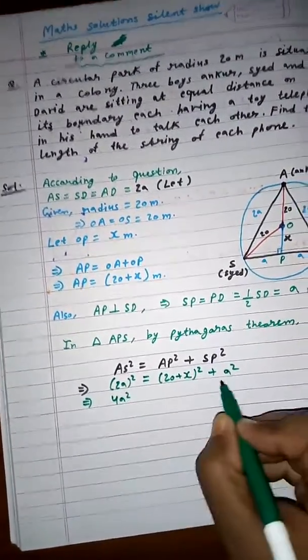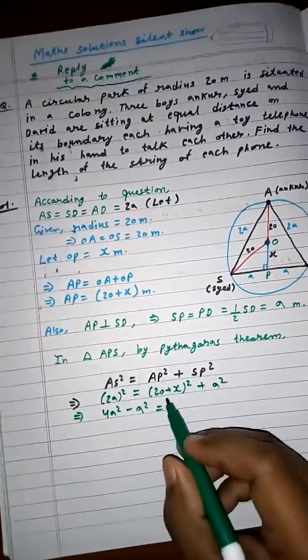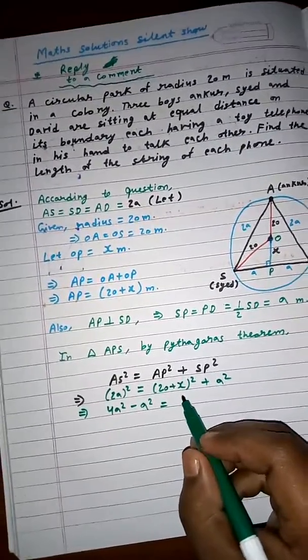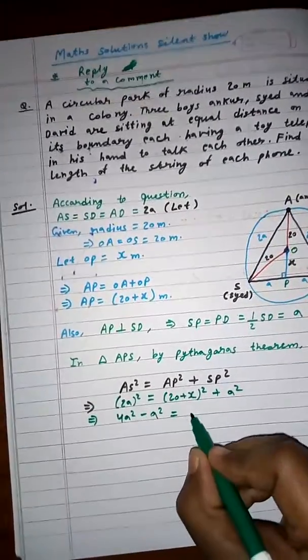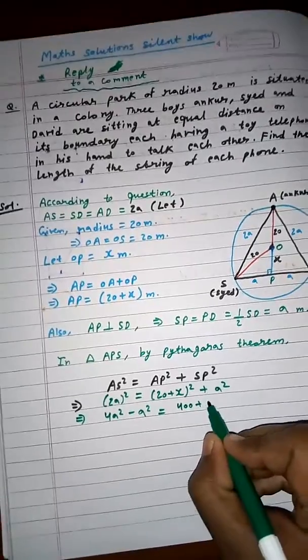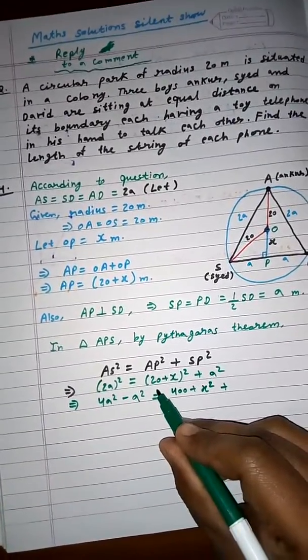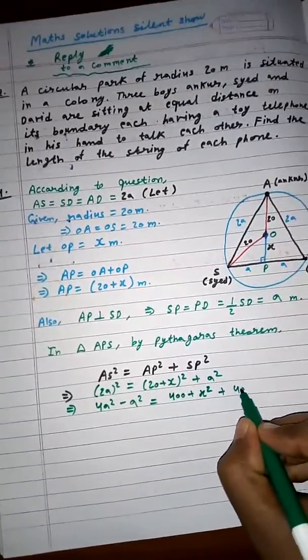4a square, and taking this a square to this side, is equal to, using the formula (a plus b) whole square, the square of 20, 400, plus x square plus 2ab, 2 into 20, 40x.